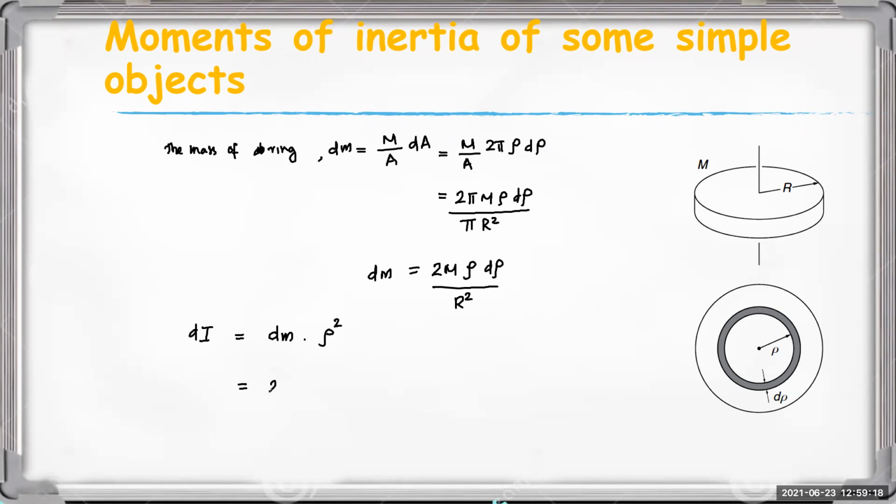So di is equal to 2m rho d rho divided by r square into rho square, that is equal to 2m rho cube d rho divided by r square.